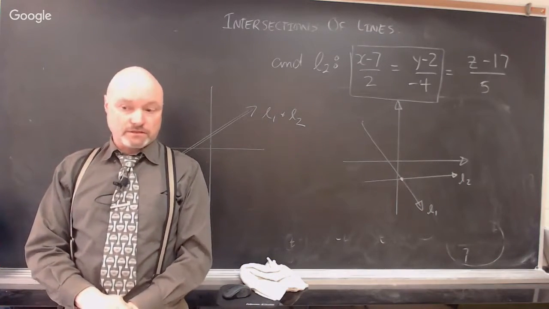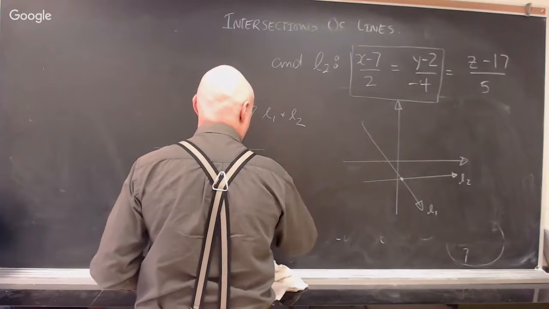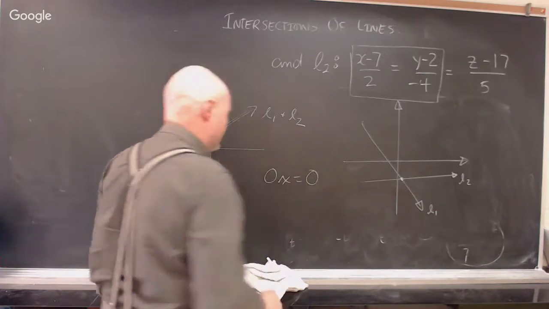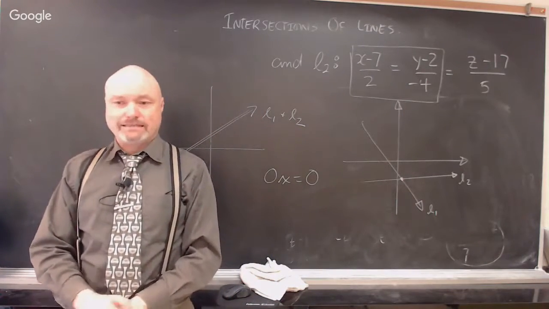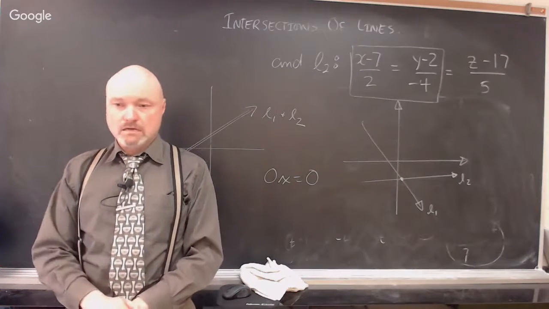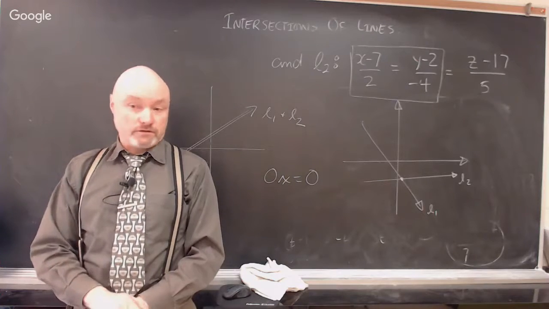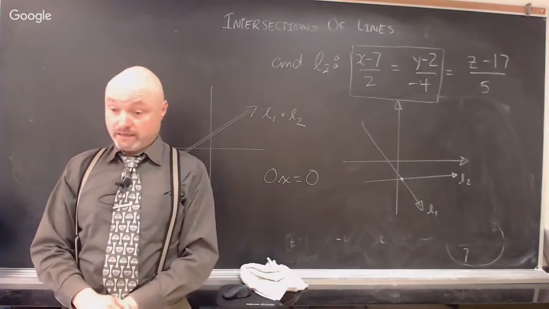This system is still consistent. You're going to wind up with solutions that look like 0x equals 0. And that's true for any value of x, always true, 100% of the time. And so any point on the first line will also satisfy the definition of the second line.